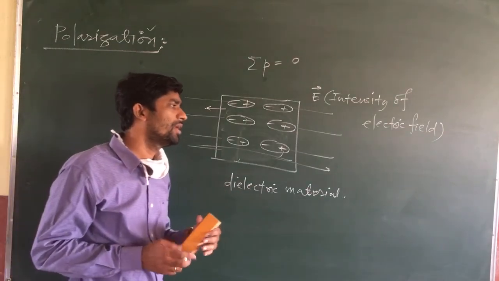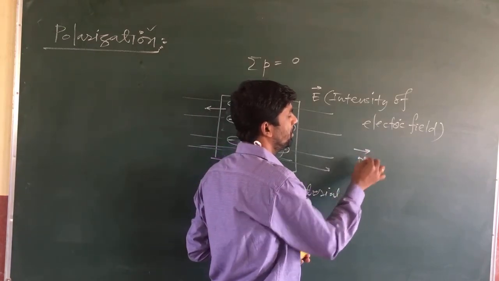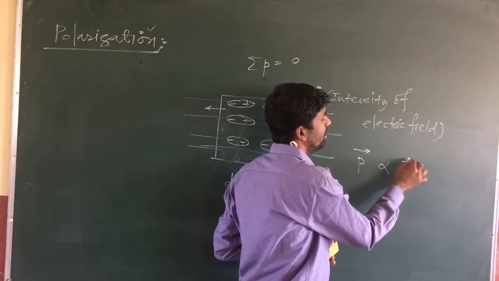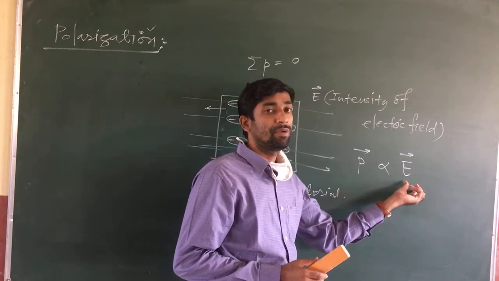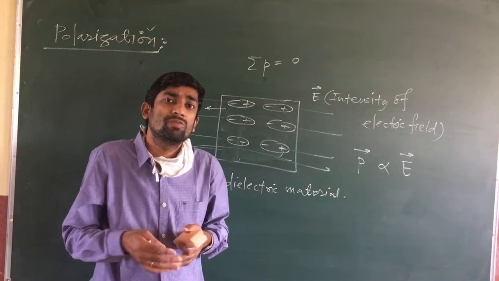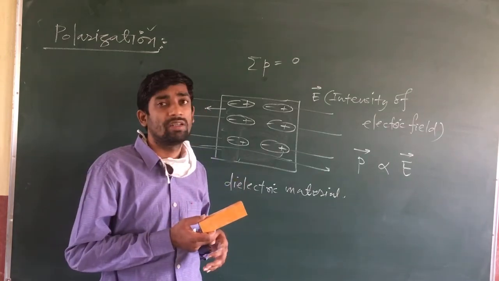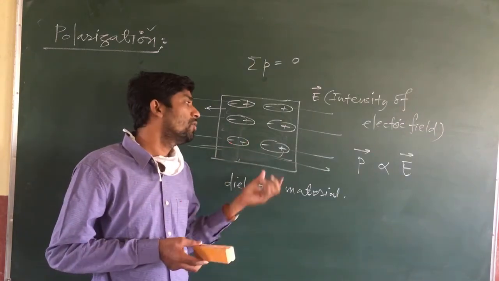So how can you write the equation for polarization? Polarization P is directly proportional to the external electric field. If the external electric field is more, more molecules will get oriented in its direction. What happens if there is a smaller electric field?